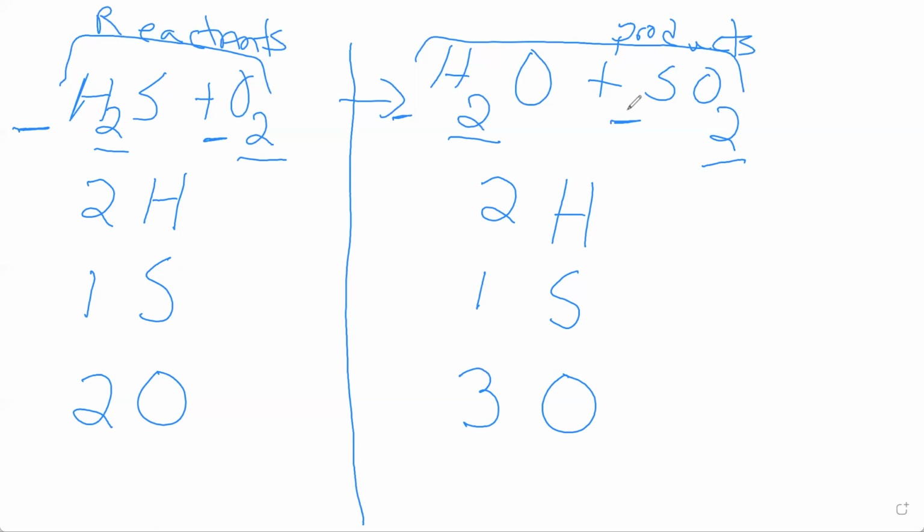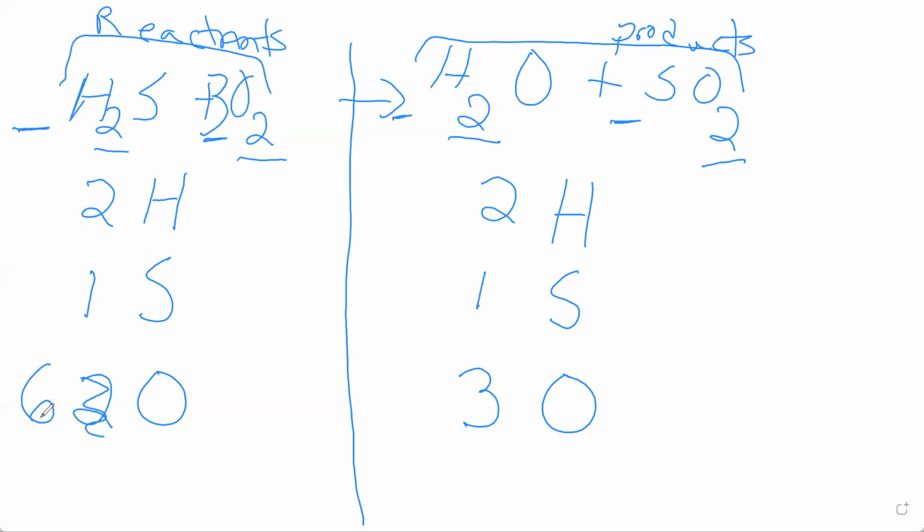So if we come over here to our reactants and we put a 3 as a coefficient in front of that O2, we will have 3 times 2 atoms of oxygen. So that means we'll end up with not 2, but 6.